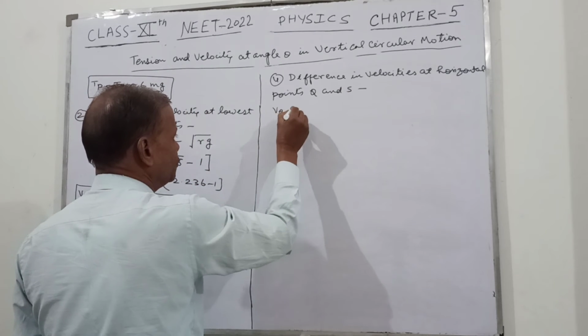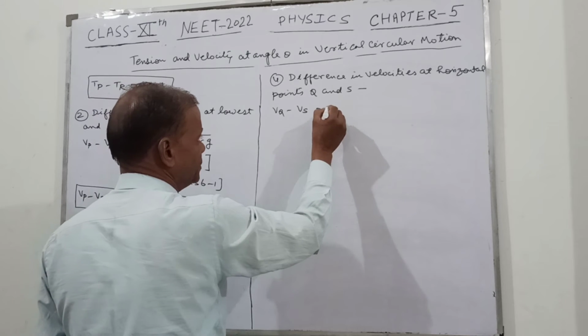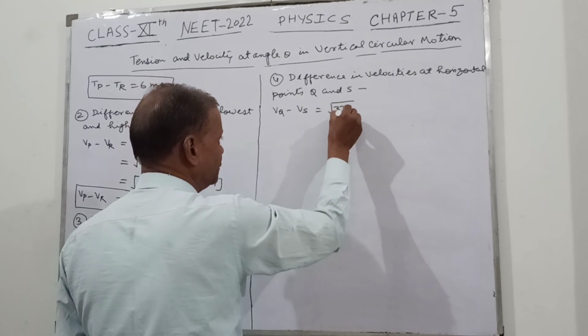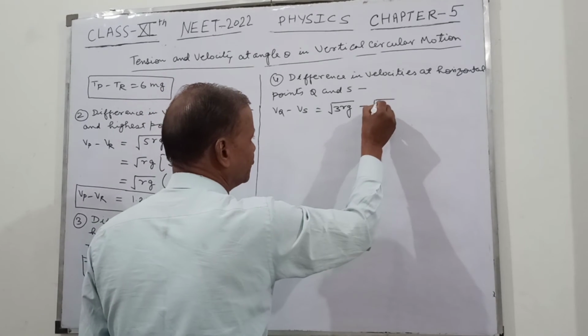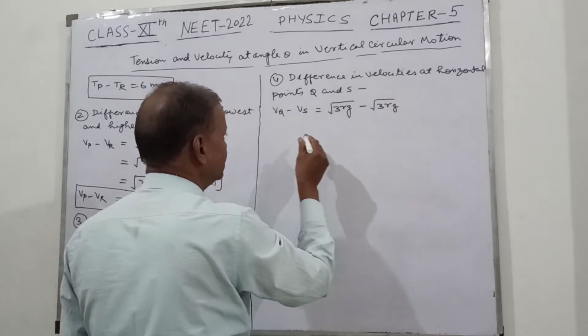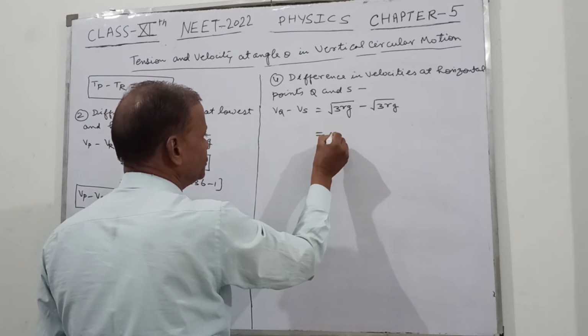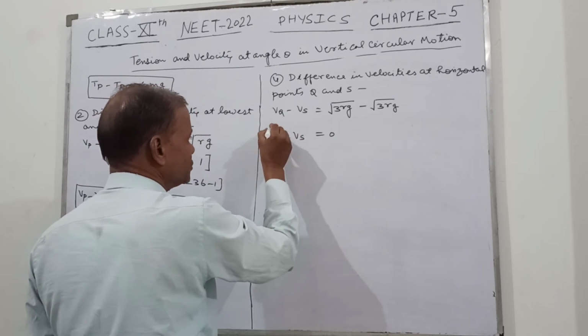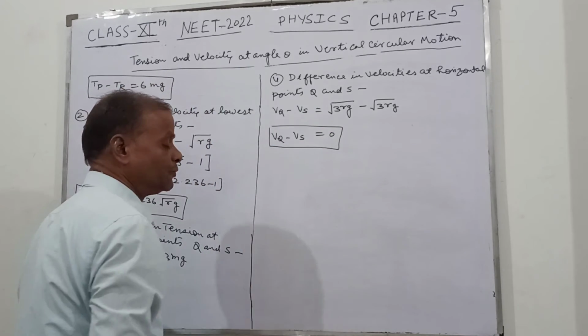This VQ minus VS is equal to square root of 3RG minus square root of 3RG. So this is equal to 0.